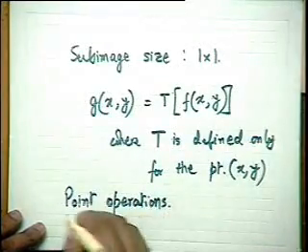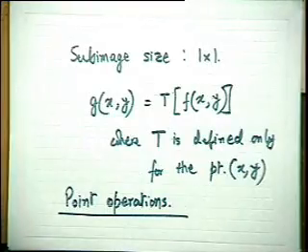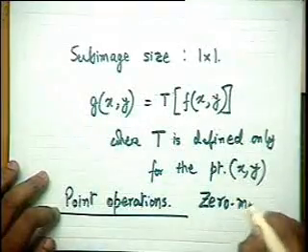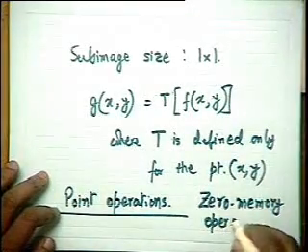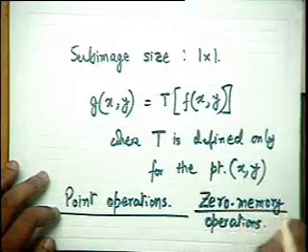The literature very often describes them as zero memory operations. Can you tell me why they have given the name zero memory over here? Because in order to determine the image intensity value at a particular pixel, you need not store the entire image, you need not even store the neighboring region around xy.